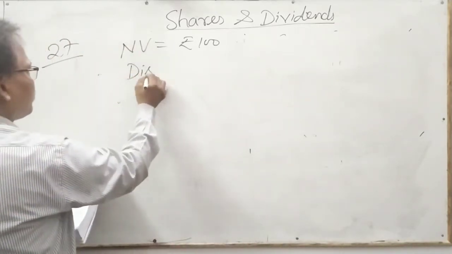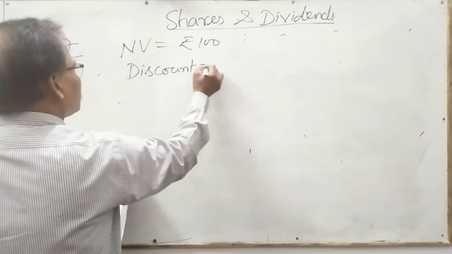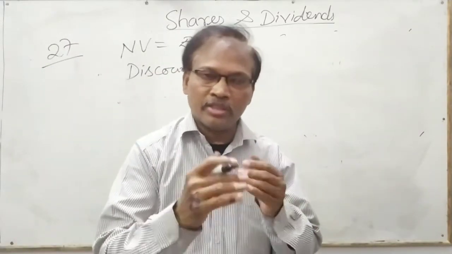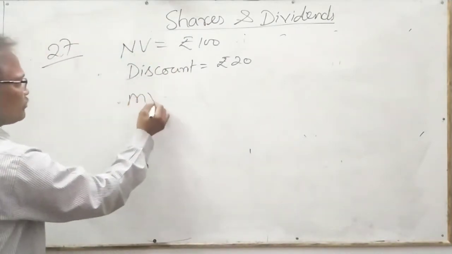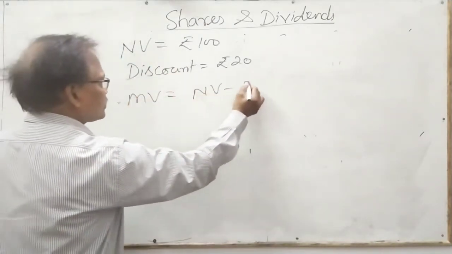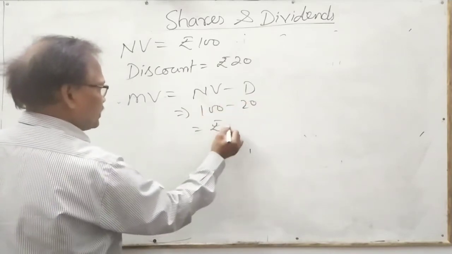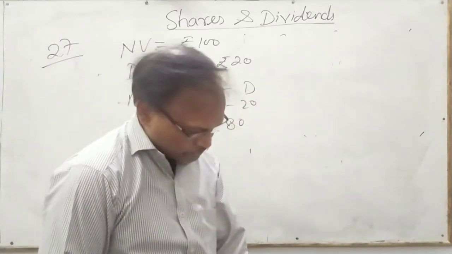The discount is given, rupees 20. So if the discount is rupees 20, means the market value you can get. So market value is equal to NV minus discount. So it will be 100 minus 20, means rupees 80 is the market value.